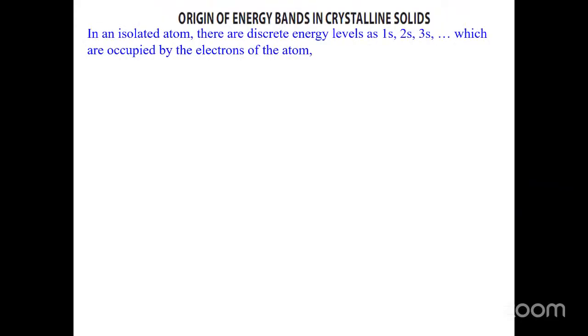For example, if you choose an isolated atom, there are discrete energy levels: 1s, 2s, 3s, 4s, like that, which can be occupied by the electrons of this particular atom.